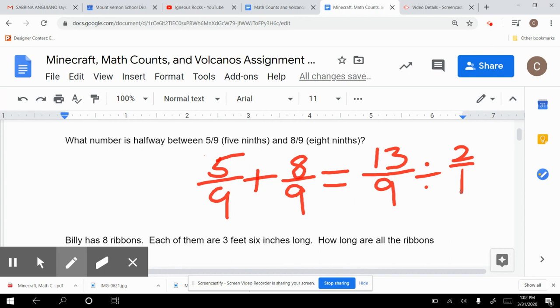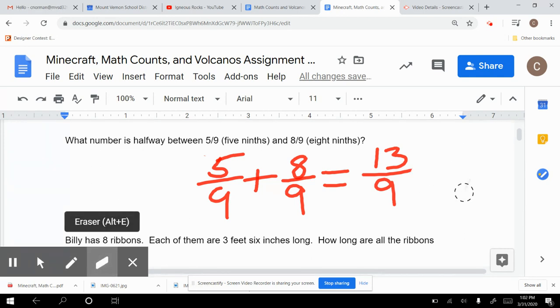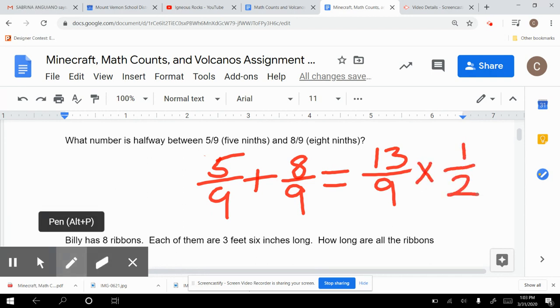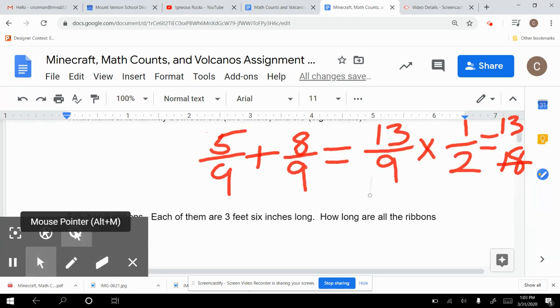So we can take 13 ninths and multiply it by 1/2. Same thing. Multiplying straight across, we get 13 over 18, which is our answer of halfway between 5 ninths and 8 ninths. All right, moving on to the next one.